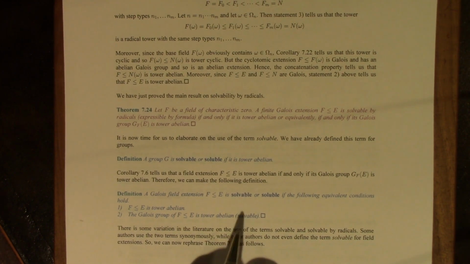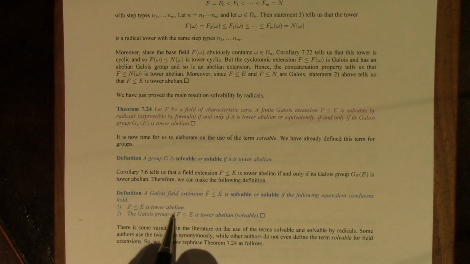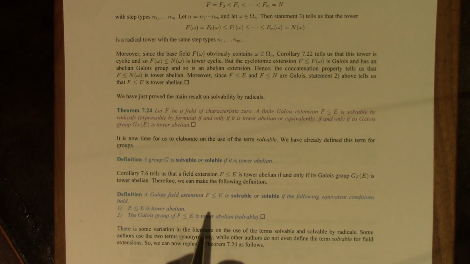The reason I did it this way rather than making a choice between these two is because there's a little bit of variation in the literature on the use of the terms solvable and solvable by radicals. Some authors use the terms synonymously, so solvable would mean to them solvable by radicals, not tower abelian.